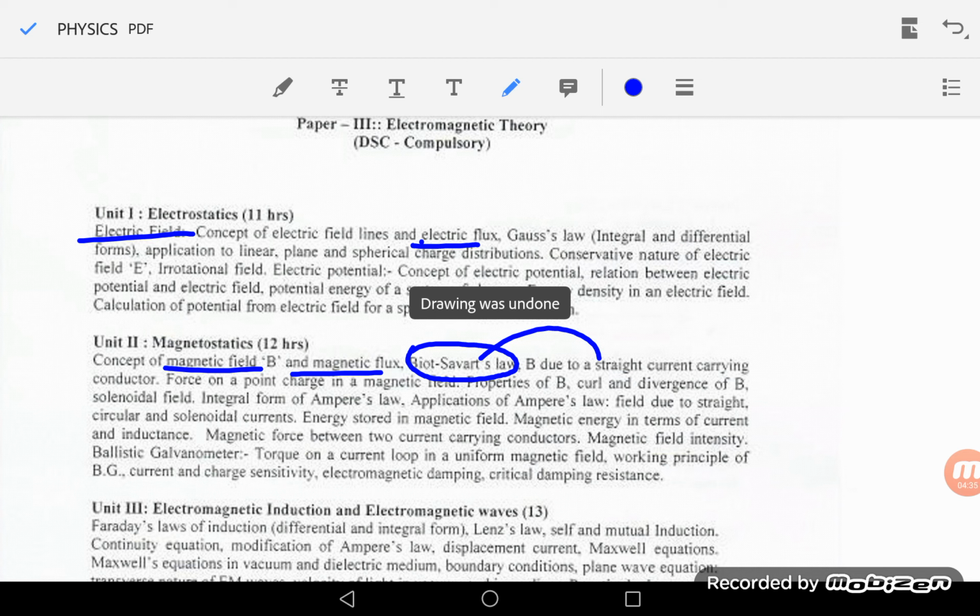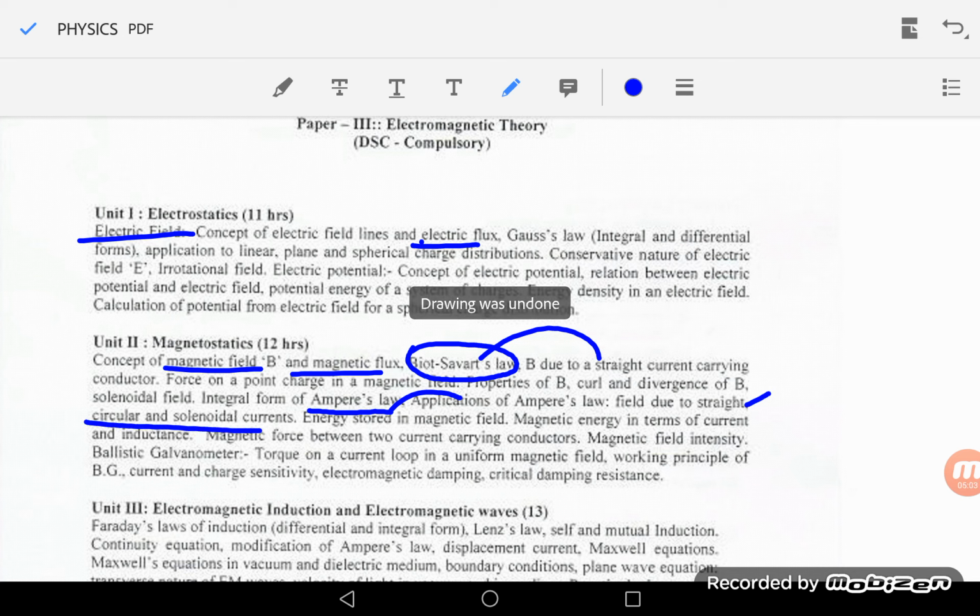One more very important law related to unit 2 is Ampere's law. What is Ampere's law and its applications? Here Biot-Savart's law and applications, again Ampere's law and its applications. How do we apply Ampere's law to straight, circular and solenoidal currents?